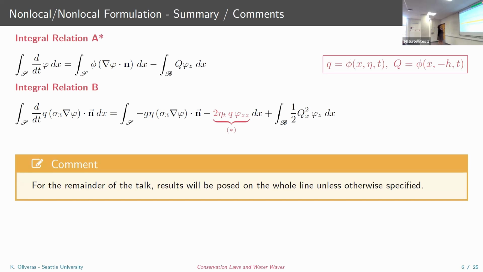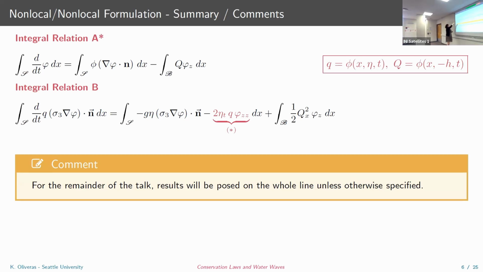Because I can take the time derivative of this test function evaluated on the trace of the surface, and I get it in terms of the potential at the free surface and capital Q, which is going to be the potential at the bottom. Okay.